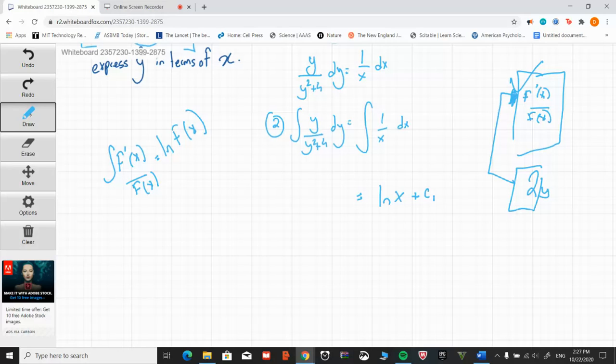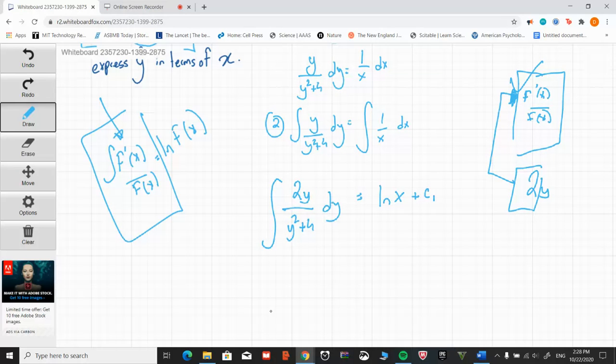So the first thing we want to do before applying this technique is to express this integral in the form that we want. And the form is this: the dy, the f prime x on top and the fx on the bottom. But this is the form we want, not the form we have.